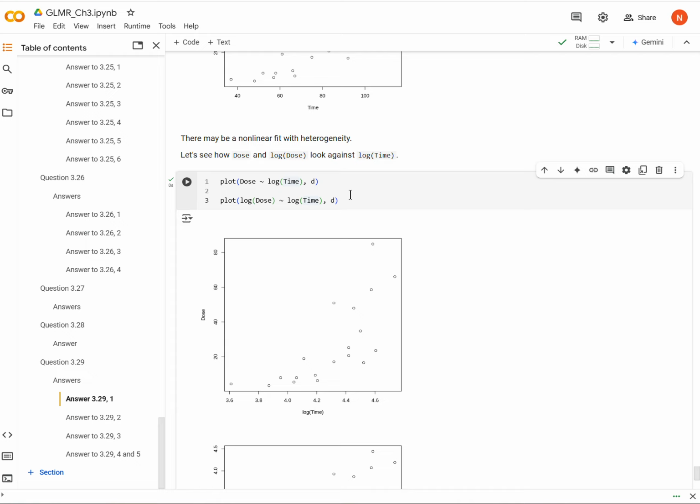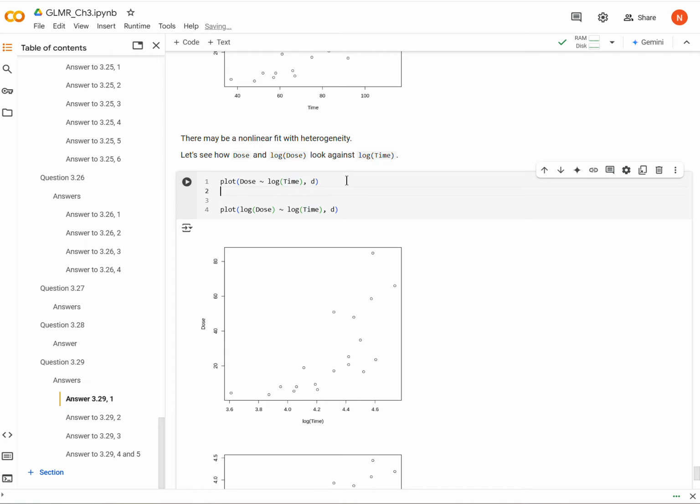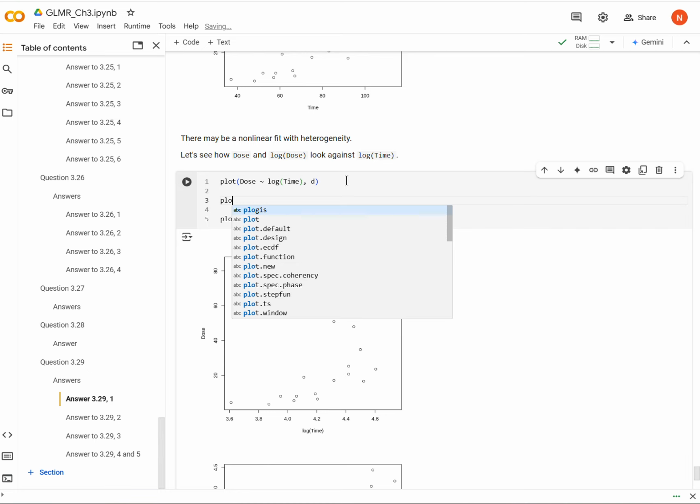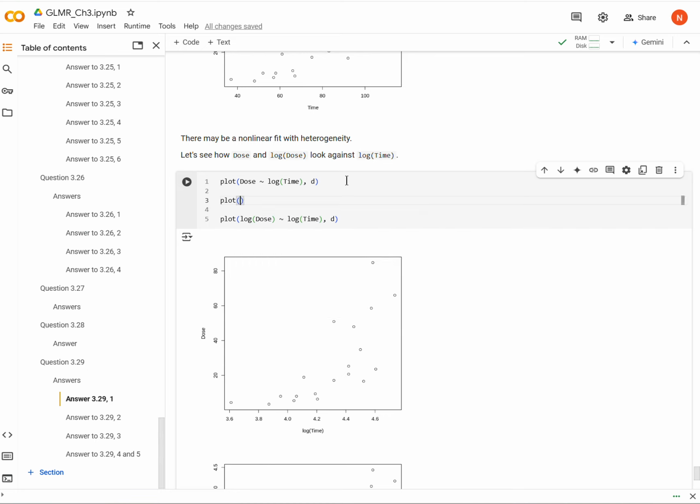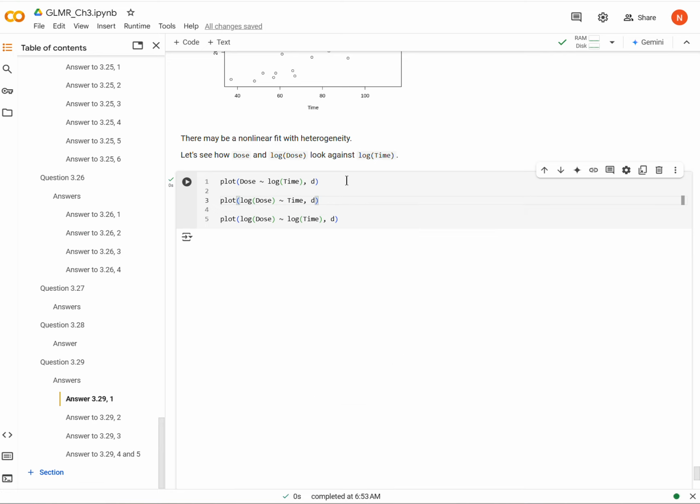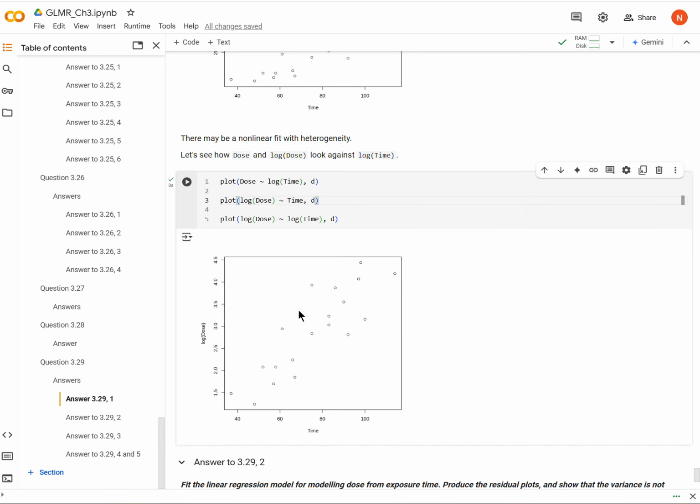What I didn't try here, maybe I'll just try it just for fun, is log dose against time. Let's just see what this one looks like all by itself. That's interesting. So I'm going to continue with this log plot here, just because that's what I've done. But we might have also explored just log dose.